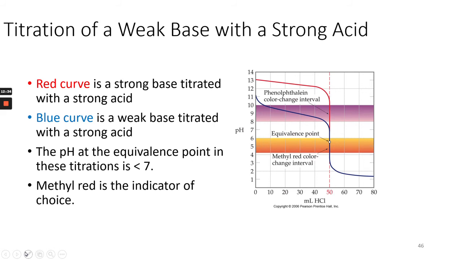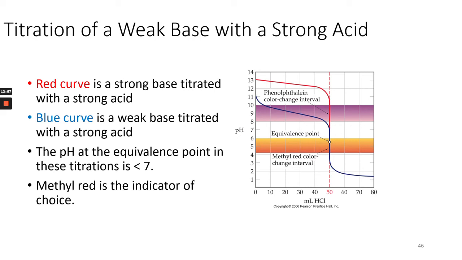So here we have a comparison. The red curve is a strong base titrated with a strong acid. The blue curve is a weak base titrated with a strong acid. They both end at the same point, but you notice the starting pH is lower for a weak base.